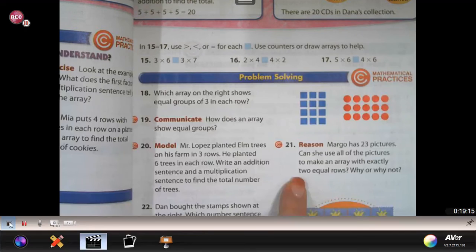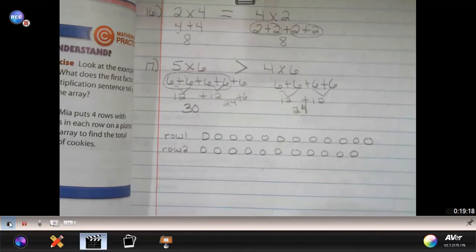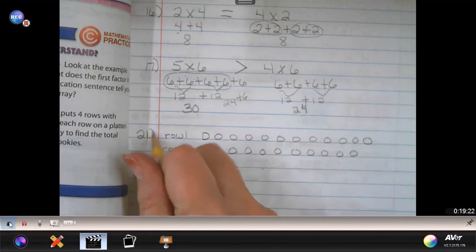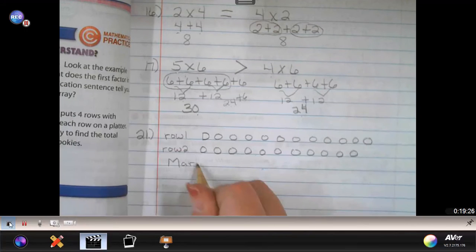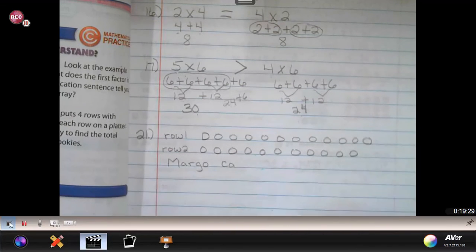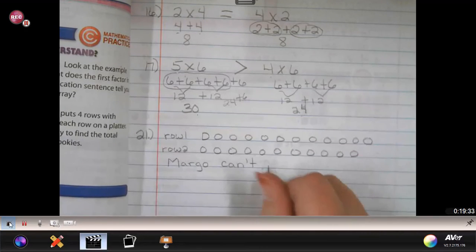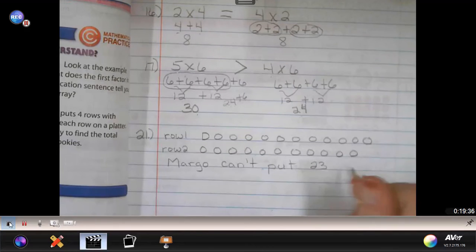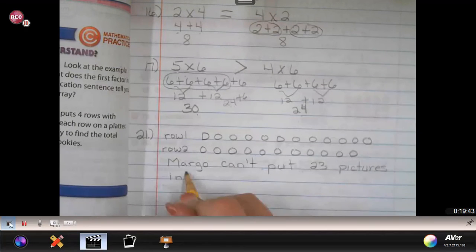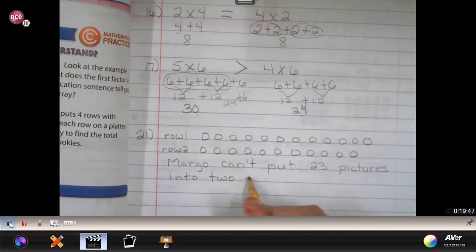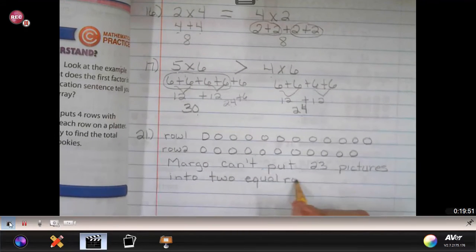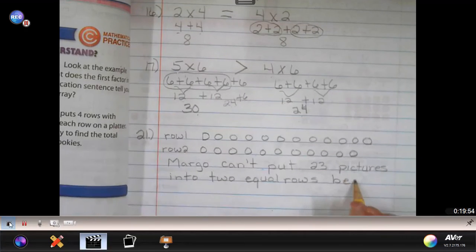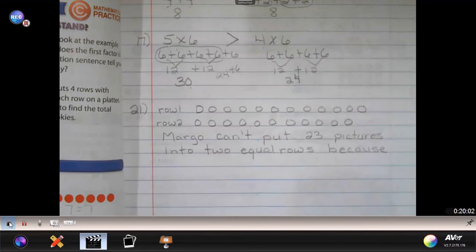So let's go back to our array here, and for number 21, we could say Margot cannot or can't put 23 pictures into 2 equal rows because, and so one of the things that we can add to this to explain is our number is not even.